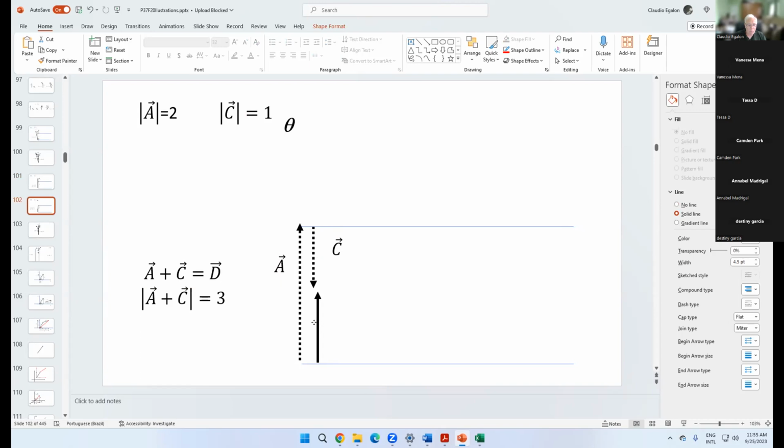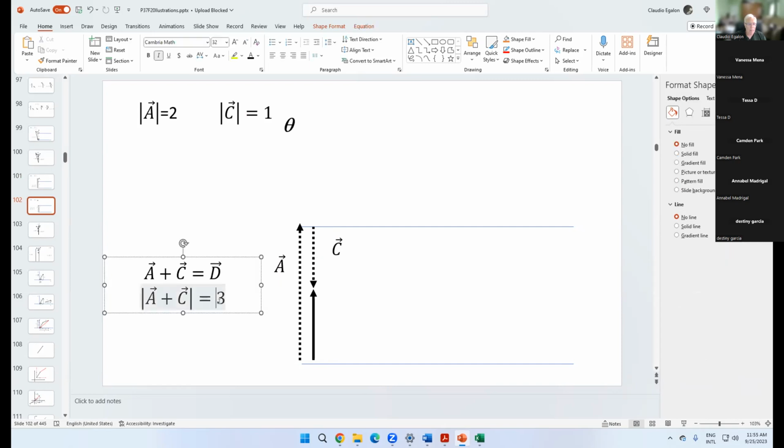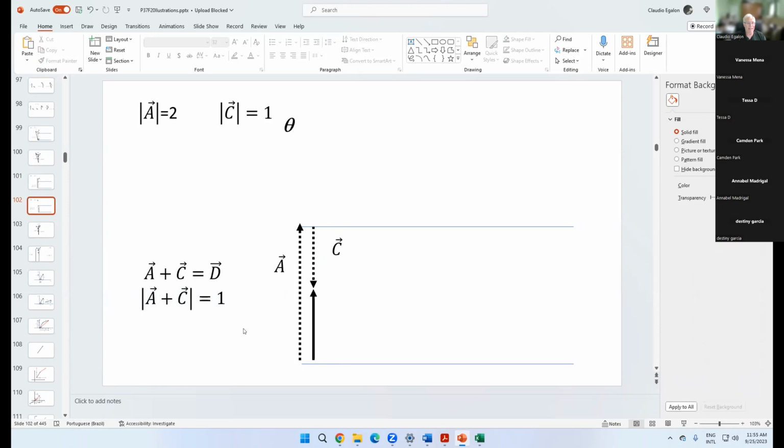That's A and that's C, right? The resulting vector D. In this case, A plus C is going to be 1, right? Let's see if it works as well.